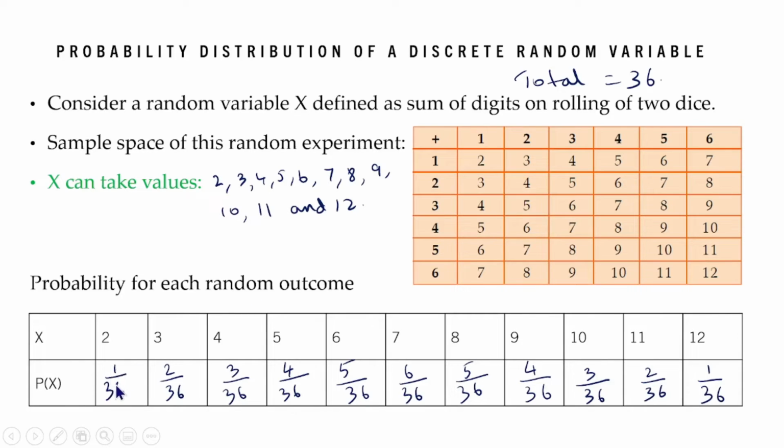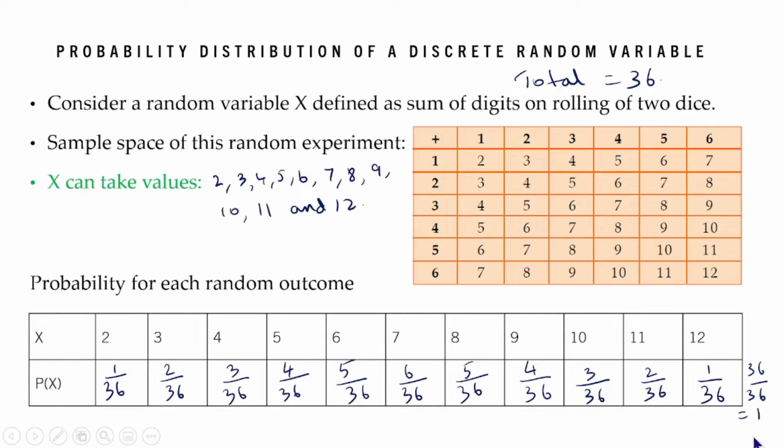So here if we add all these, the denominator is 36, so the LCM will be 36. So here 1 plus 2 is 3, 3 plus 3 is 6, plus 4 is 10, plus 5 is 15, plus 6 is 21, plus 5 is 26, plus 4 is 30, plus 3 is 33, plus 2 is 35, plus 1 is 36. So here if we add all these, we get 36 upon 36, which is equal to 1.